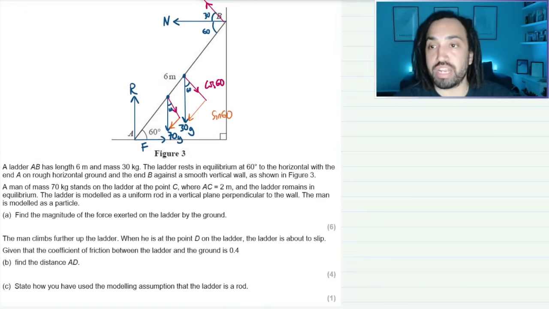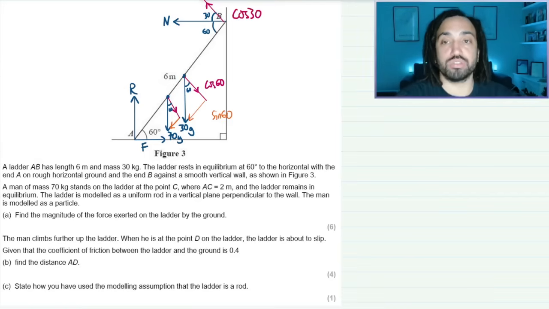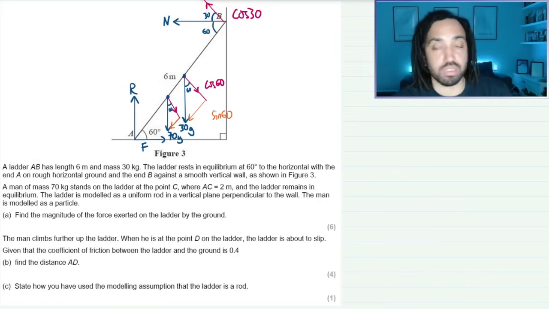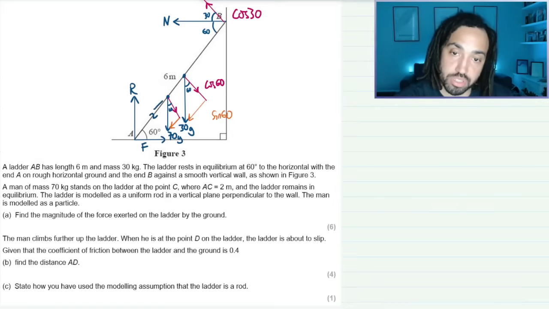So that red force is adjacent to that 30 degree angle, so that is going to be multiplying through by cos of 30. Okay, I think we're good. Just also put on the distances. That was 2 to there, and it was from A 3 to there.